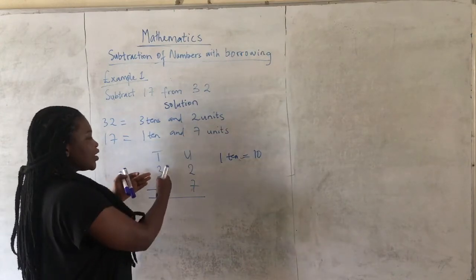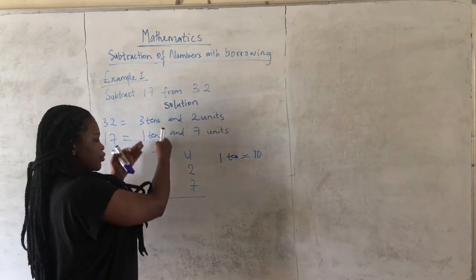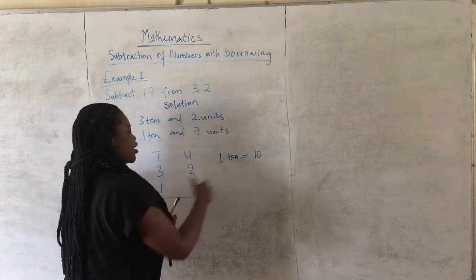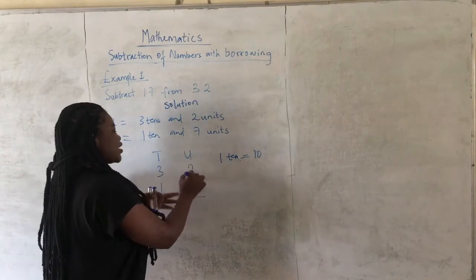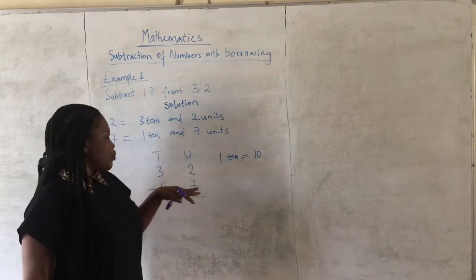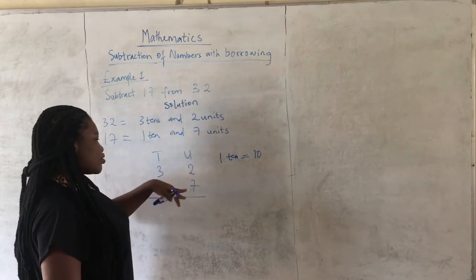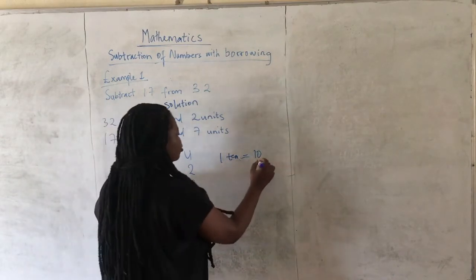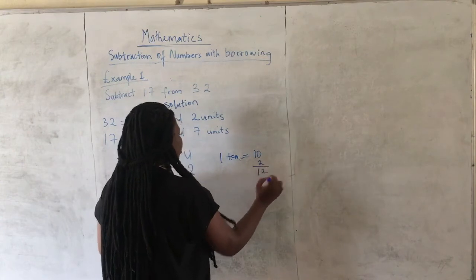What do we do? We add it to 2, just to make it greater than 7, because you cannot remove 7 from 2. Now 10 plus 2 is equal to 12.